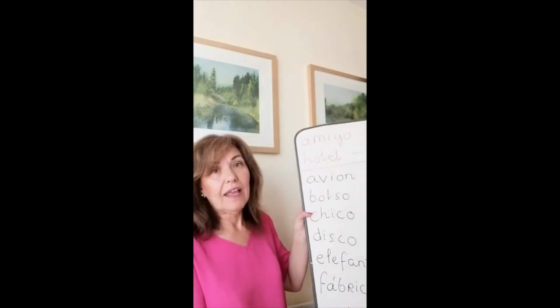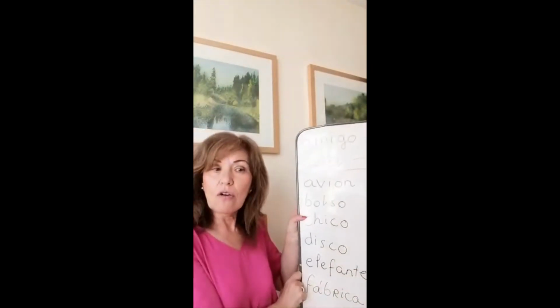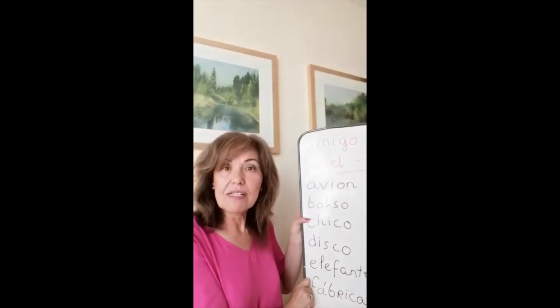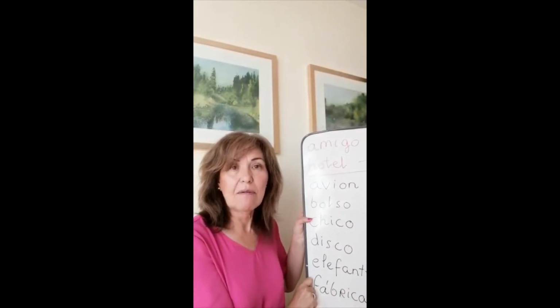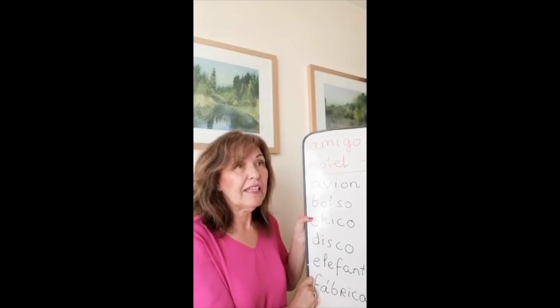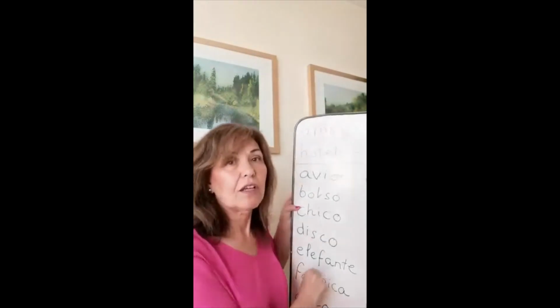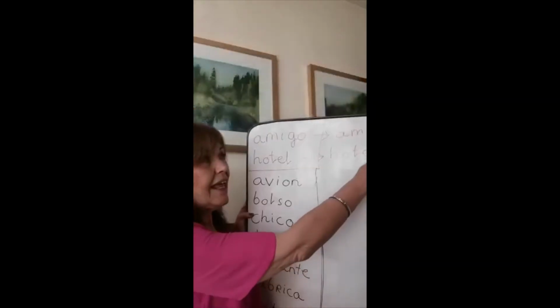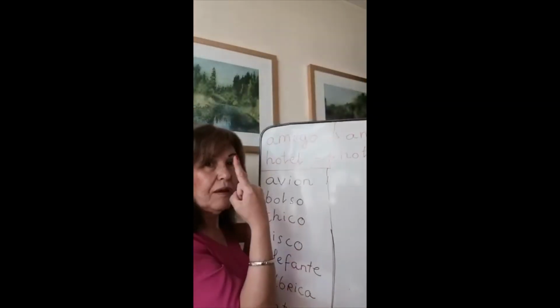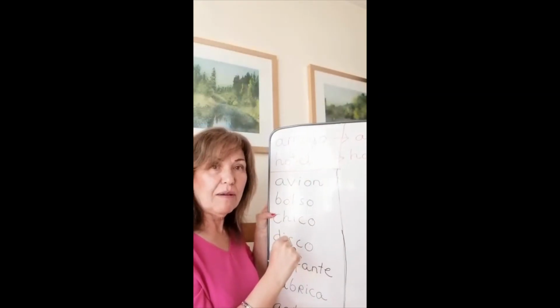So I'm just going to show you here a word that you all know very well, which is amigo, and that was friend, yes, as a male friend. And if you want to make that into plural, two friends, what you do is you add an s. So you have un amigo and you have dos amigos, two amigos.